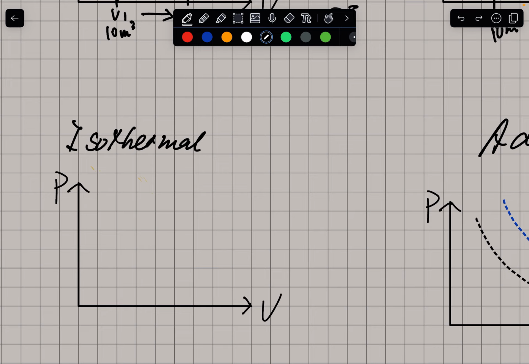Isothermal, I have more to talk about, okay? First, isothermal: thermal means what? Temperature. Isothermal means constant temperature, okay? So the first thing you need to know is temperature is constant, meaning what?